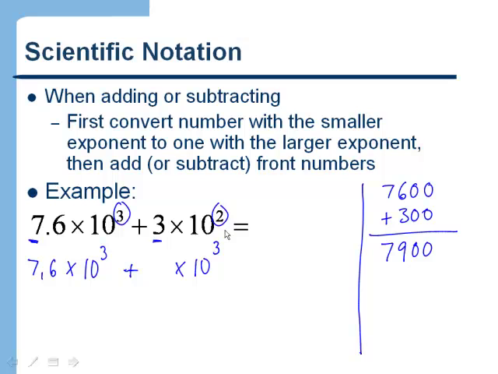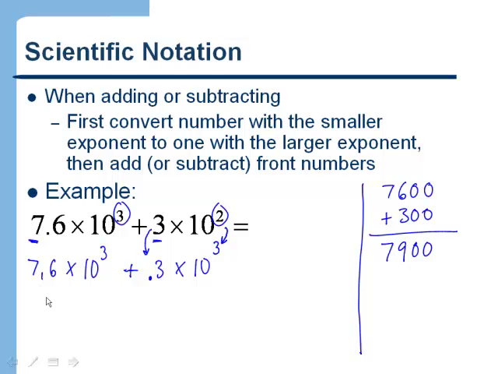Now think about what we're doing here. We've just made this number bigger by a power of 10. So we have to make this number smaller by a power of 10. And so that becomes 0.3 times 10 to the third. Once I've got the numbers multiplied by the same power of 10, I can now just add as I normally would.